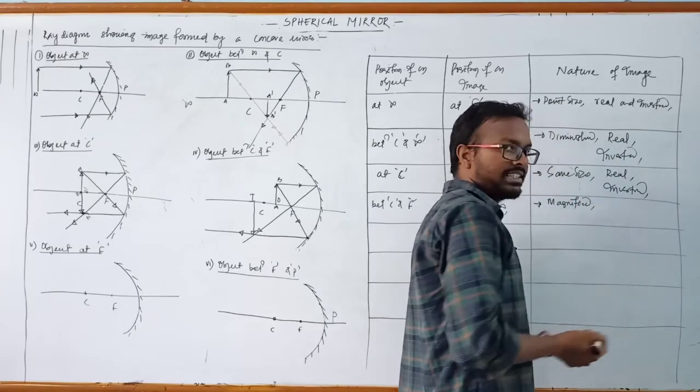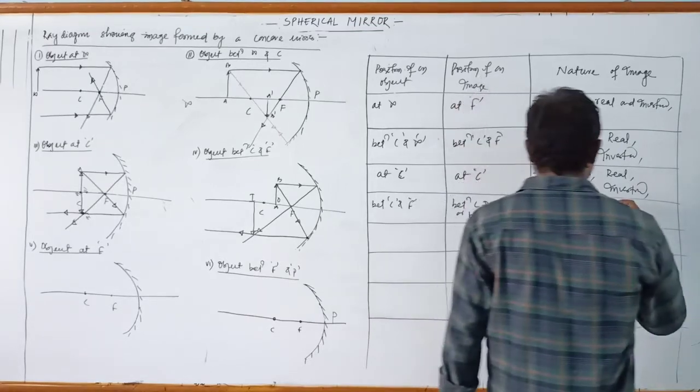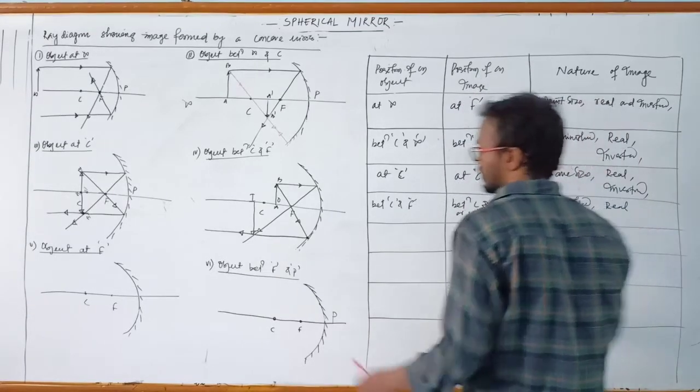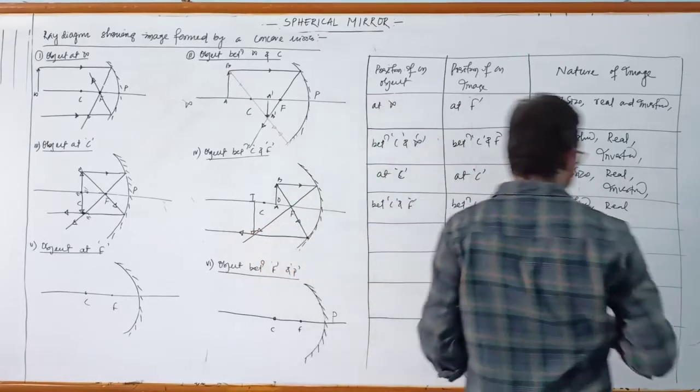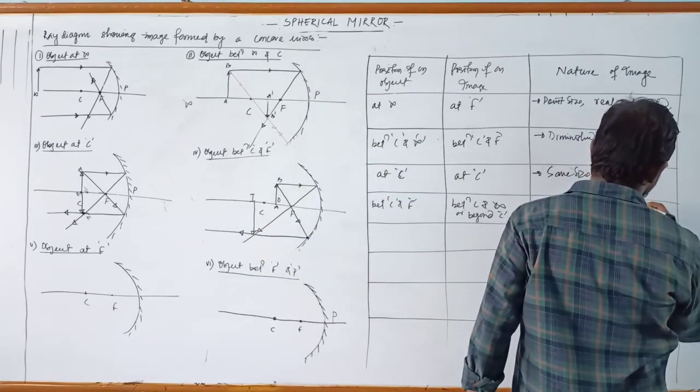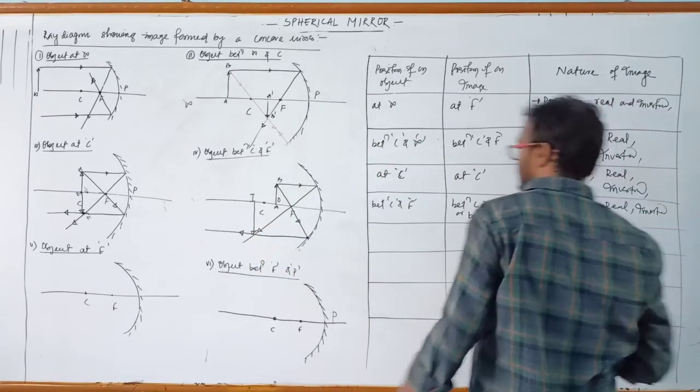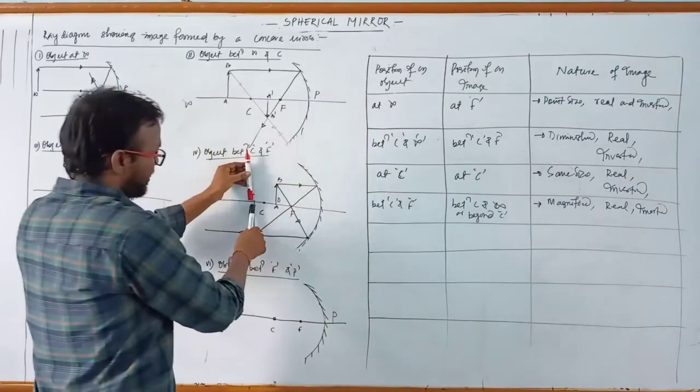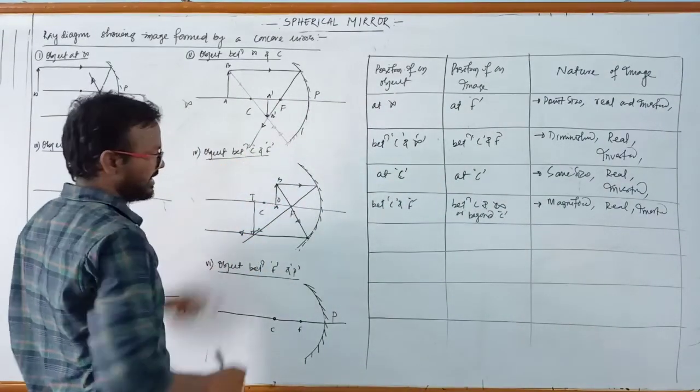Magnified means large size as compared to the object, and here also it is a real image, because the rays really meet at this point. So this image is real and inverted, which is just opposite. This is object and this is image in this direction.